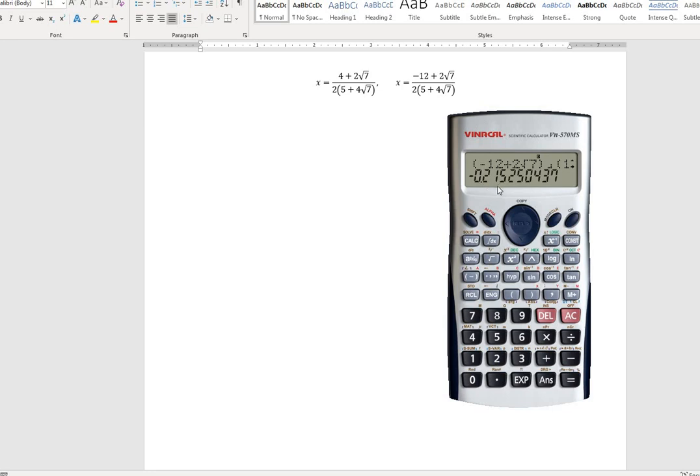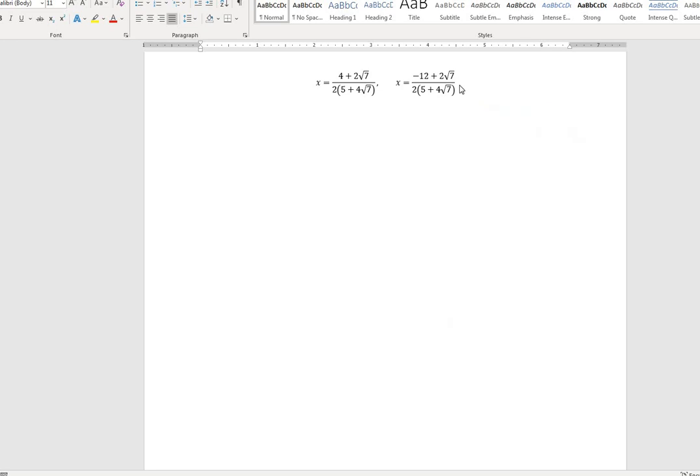Alright, so we have to reject this part, because the solution here is negative. That means the value of x is negative, but this one we accept, because the value of x here is positive. I hope you understand so far.